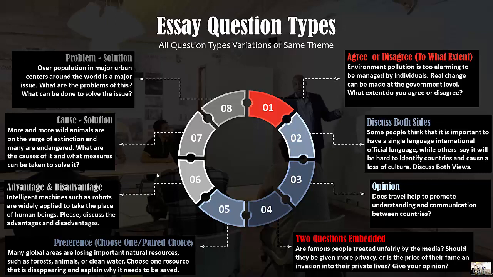Then we have the advantage-disadvantage question, and that could be worded many different ways. It can just be discuss the advantages and disadvantages. It can be discuss the advantages and disadvantages and give your opinion, or it could be compare the advantages and disadvantages. Then we have the cause-solution question or problem-solution question. So these are all of the different question types that you could possibly have to address on the IELTS exam.